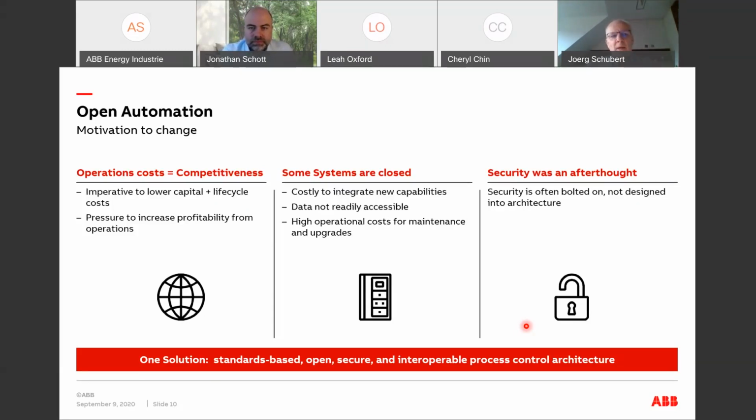So a third aspect that we are seeing in the Open Automation Initiative is that looking at the automation system and making it secure as an afterthought, from the outside in, was probably okay for the past years. But now we have more and more demand to easily extract data. We are moving with our technology into network-centric architectures.